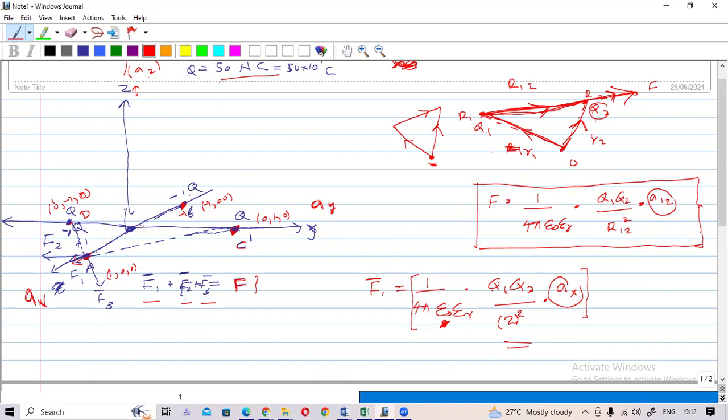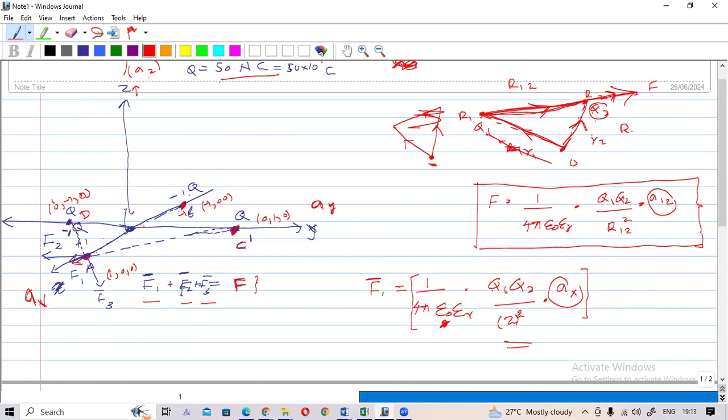So anyway, this vector is added to this vector. If this vector is R1, I am considering the general condition.